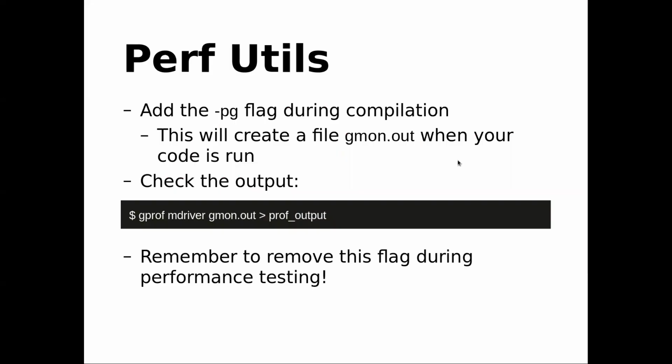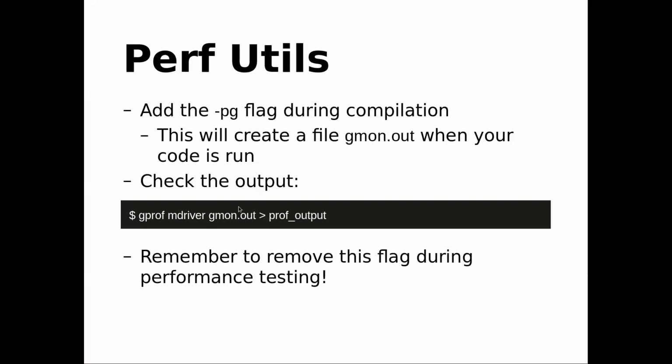So the first thing we're going to talk about is gprof, which is a tool that you'll probably use pretty frequently when debugging the performance of this project. Essentially, if you add the -pg flag during compilation inside of the makefile, this will create a file gmon.out when your code is run. And then you can use the gprof command to check the output of this and see where different functions are being inefficient.